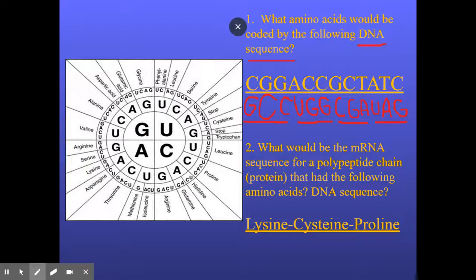All right, so on the first one, you're going to do GCC, then UGG, then CGA, then UAG. So what did you get for the first one? What's the first amino acid? Say it again. GCC. It's okay if you don't say them right.